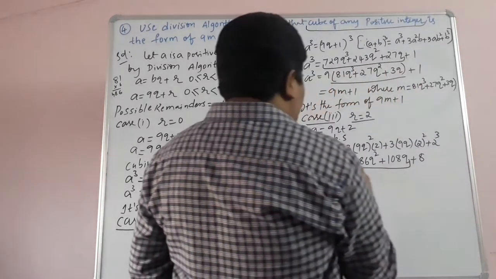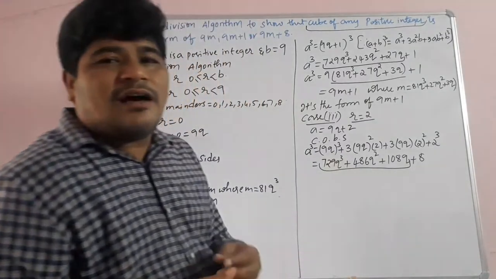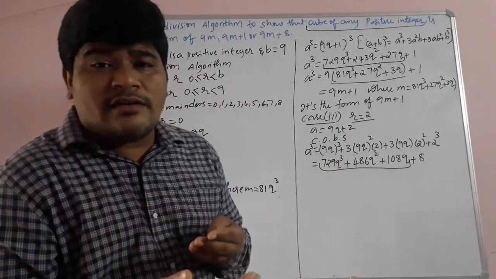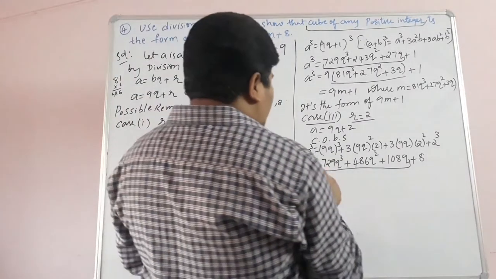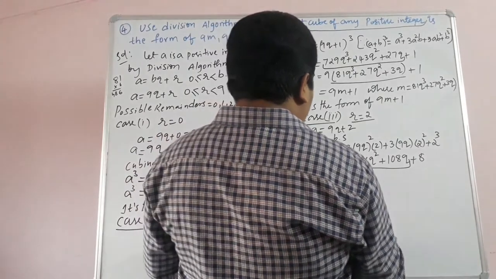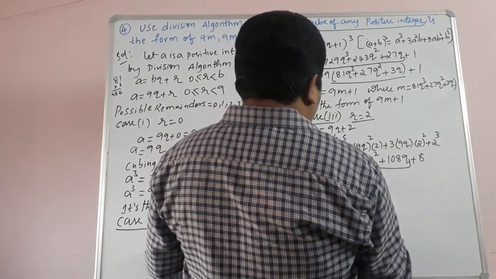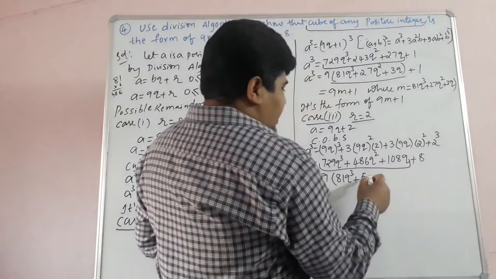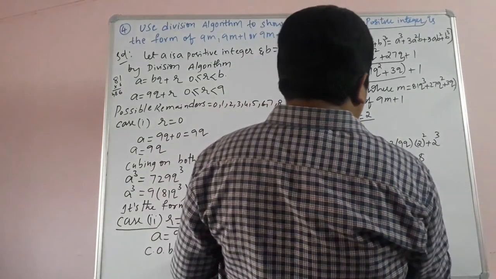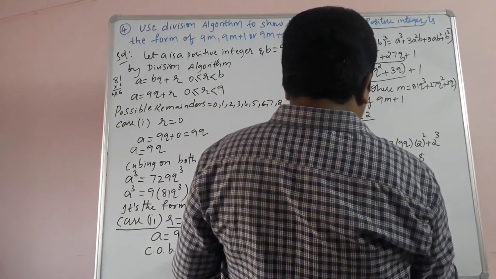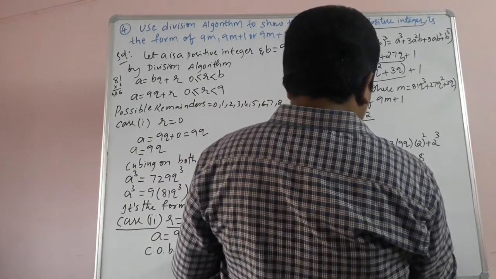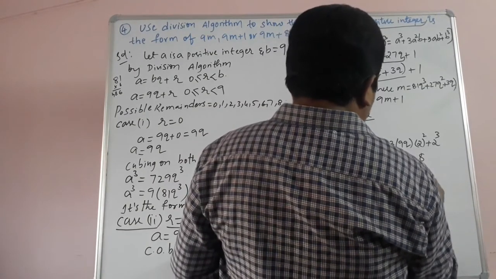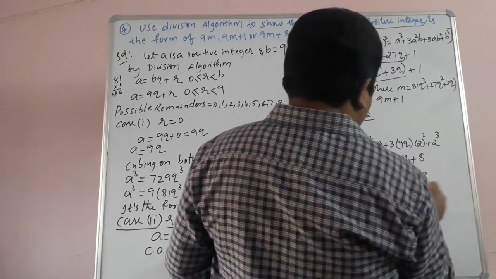So children, if you observe, the first 3 terms are all multiples of 9, so we can take 9 common. 9 of 81q cube plus 54q square plus 12q, and write 8 separately.